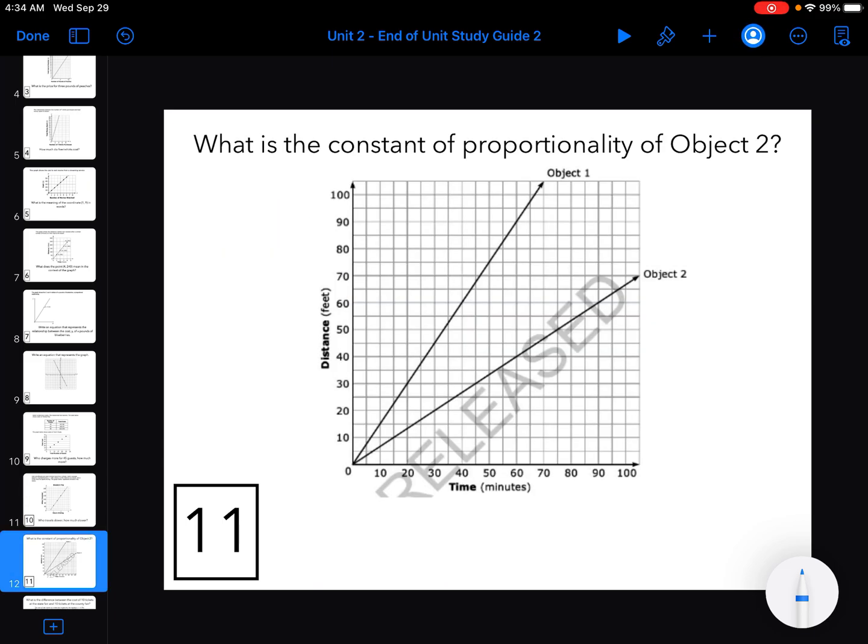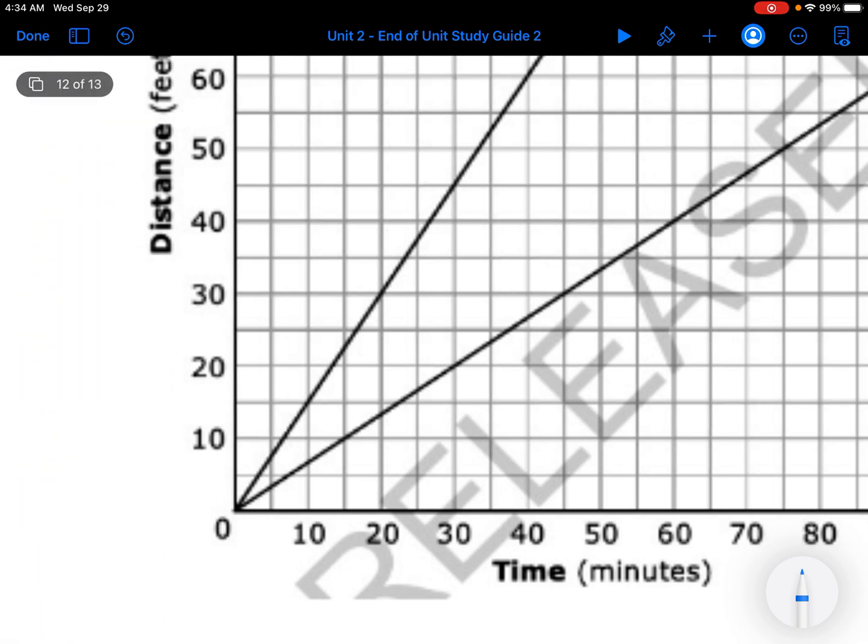What's the constant of proportionality for object 2? So that would be the graph with a smaller slope. So that is 0.1, 5, 10.